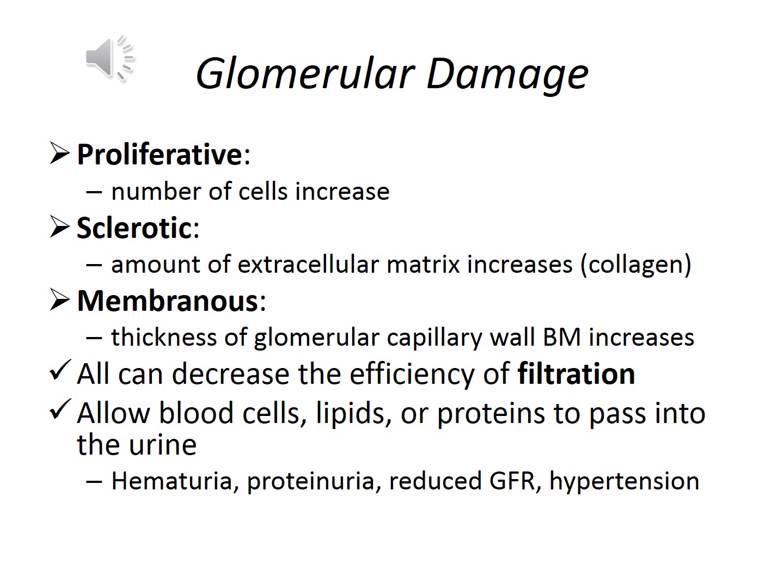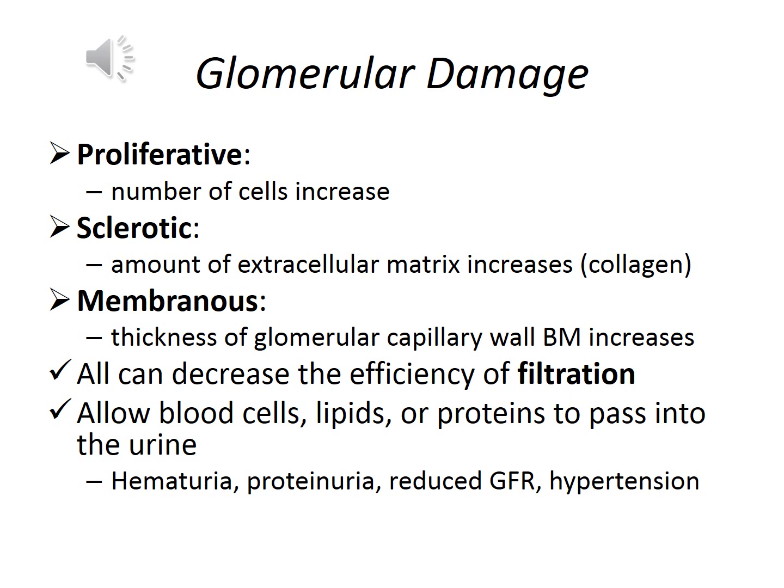In proliferative glomerulopathies, we actually see an increase in the number of cells in that area. In the sclerotic form, we see an increase in collagen formation around that area, so we get that sclerosing, really scar-like formation around the glomerulus itself. And in membranous, we get an increase in the thickness of the capillary wall of the basement membrane.